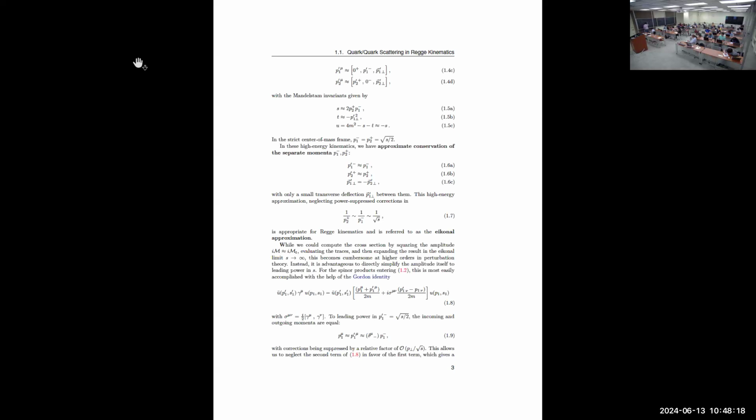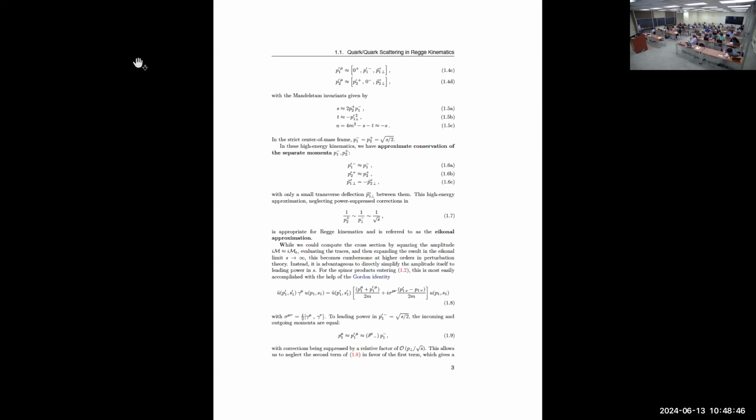This one multiplies, if you like, the identity matrix. And then there's a second term which depends upon the momentum transfer. This one is i sigma mu nu (P1 minus P1 prime) mu over 2m. This sigma mu nu is the commutator factor of i. It's the commutator of gamma matrices.